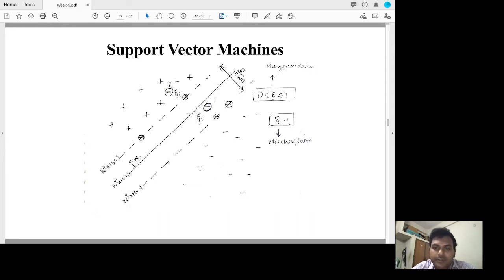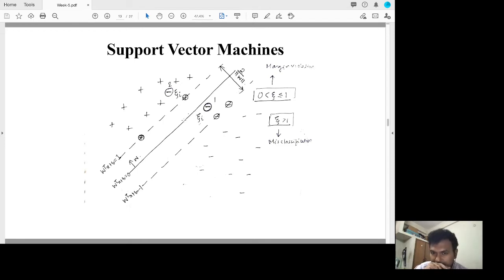But if you are getting a positive point, that means you are violating your margin, but at the same time you are classifying this correctly, because this is still to the bottom of this particular decision boundary. However, this particular point which is marked by 2 is on the other side of the margin, and therefore you are misclassifying the point completely. This diagram is clear, right?